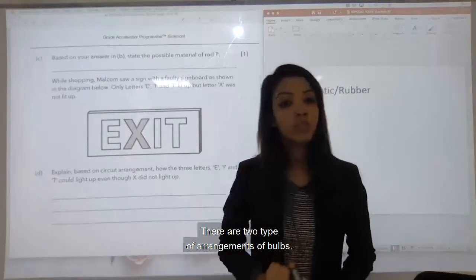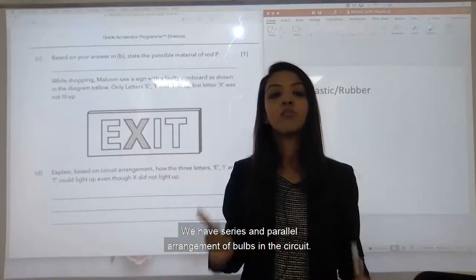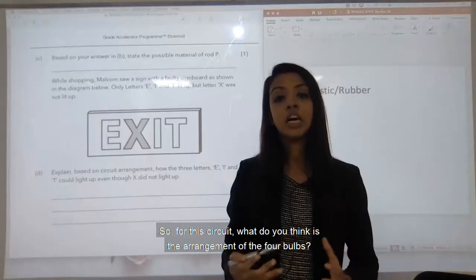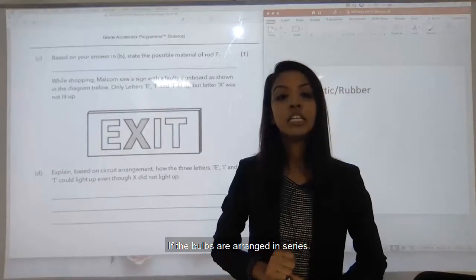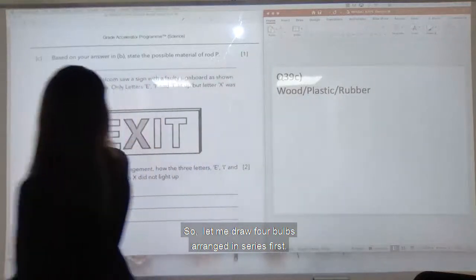There are 2 types of arrangement of bulbs. We have series and parallel arrangement of bulbs in the circuit. So for this circuit, what do you think is the arrangement of the 4 bulbs? If the bulbs are arranged in series, let me draw 4 bulbs arranged in series first.